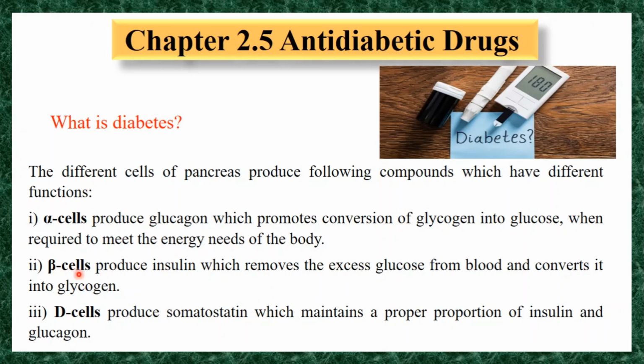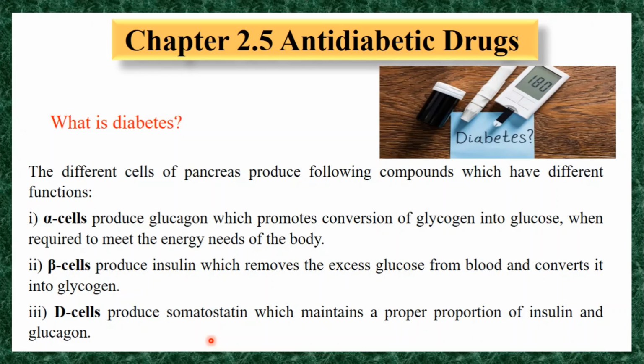The beta cell produces insulin, which removes excess glucose from the body and converts it into glycogen. And the third one is the D cell. It produces somatostatin, which maintains the proper proportion of insulin and glucagon.